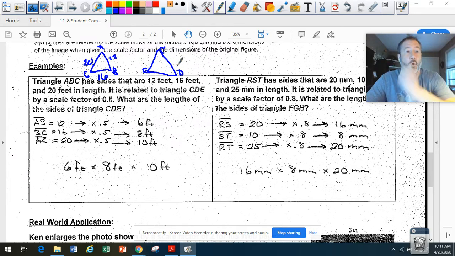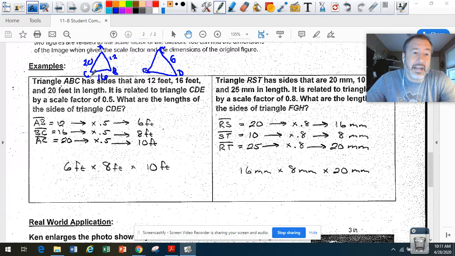Now, we know that these sides are going to be at a scale factor of 0.5. So I'm going to take this 12, this AB side, and do it for CD here. AB is 12, half of 12 is 6. So I know that CD is 6 feet. This is how I got this information here.